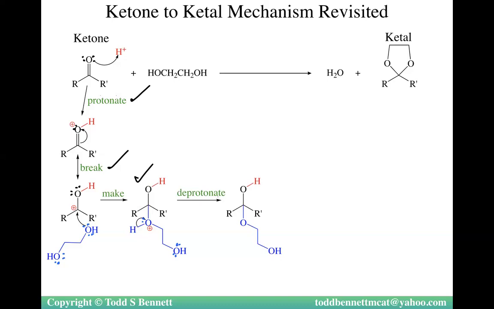I'm going to be a little more specific this time than I was last time we did this mechanism in a previous podcast. I'm going to make it so that this compound is the one that actually comes and takes it off, or this compound is the one that comes and takes it off. So it's got to be something taking it off. I have it magically falling off. Some chemists will be very upset at that.